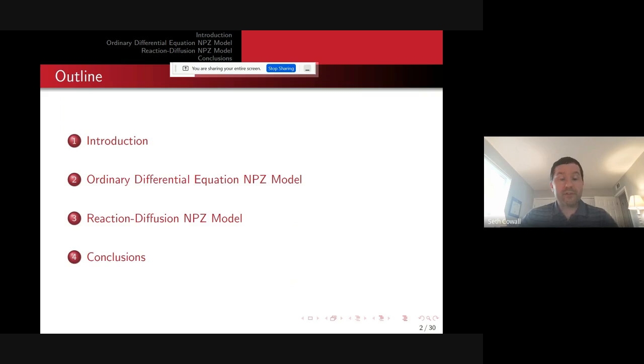And in this talk, first we're going to talk about why phytoplankton are important, what we mean by a bloom, and why those are important, and the underlying causes for them. And we're going to attempt to simulate a bloom first by constructing an ordinary differential equation model known as an NPZ model.